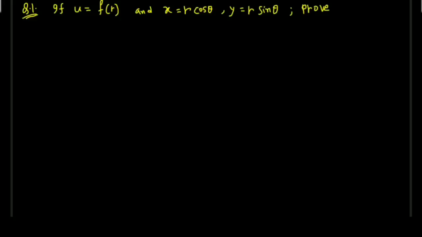So the example is, if u is equal to f of r, and x is equal to r cos theta and y is equal to r sin theta, then prove that del 2 u del x2 plus del 2 u del y2 is equal to f double prime r plus 1 by r f prime r.